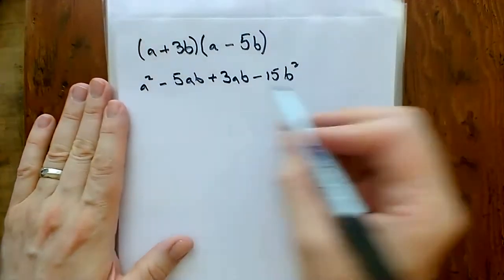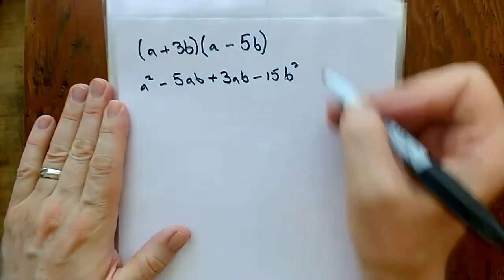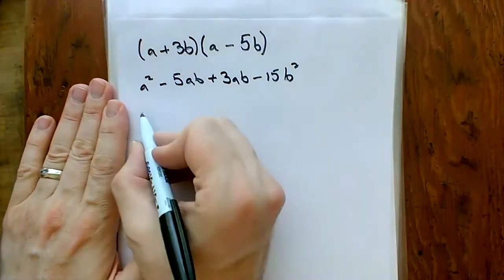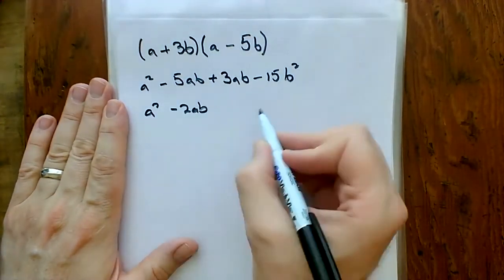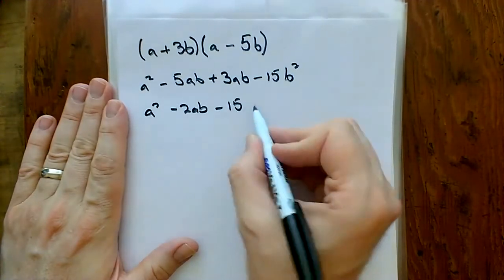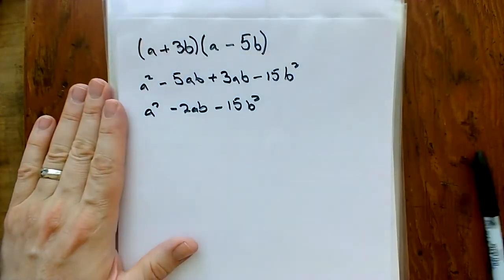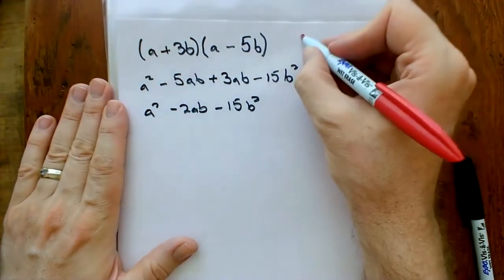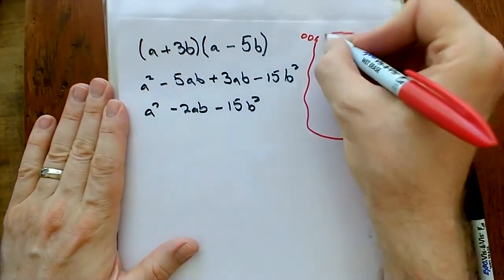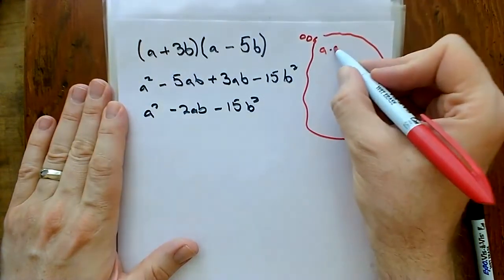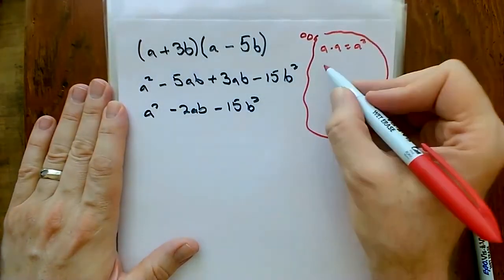Now, if you're not quite following, I'll do a markup over here in just a second. This is a squared minus 2ab minus 15b squared. So thinking about what our first, outside, inside, last terms are, this was a times a is our a squared.